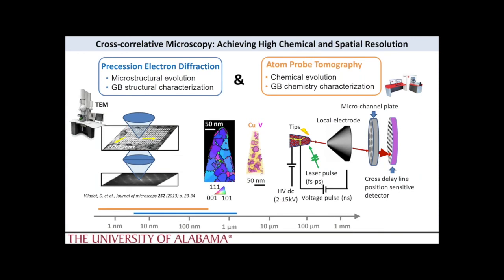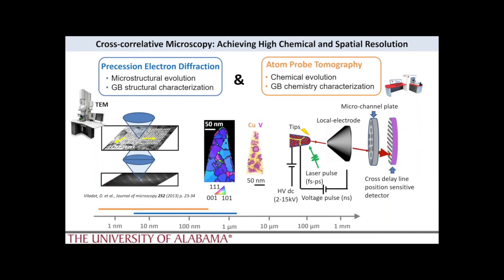So I've already discussed with you to the left how PED works. Atom probe applies a small tip, typically on the order of 50 to 100 nanometers, which is subjected to a high voltage pulse or laser pulse under standing voltage that causes the atoms to field evaporate off the tip. These atoms then become ions, and by their mass to charge ratio, we're able to identify the atom type.